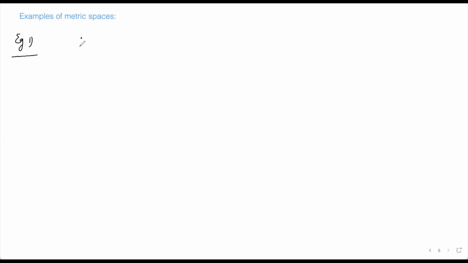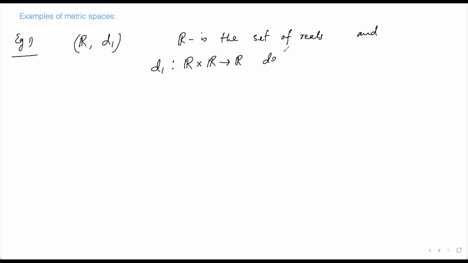Consider (R, d1), where R is the set of reals, and d1 is a function from R cross R to R. This is the distance function, defined by d1(x, y) equal to the absolute value of x minus y.